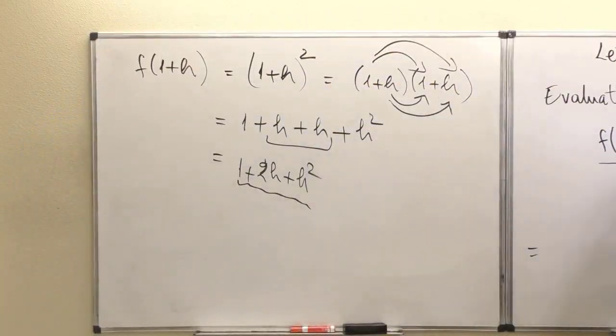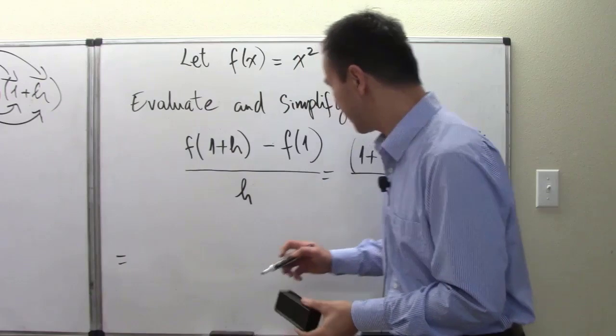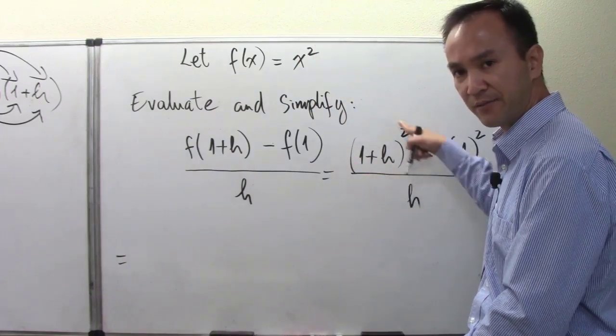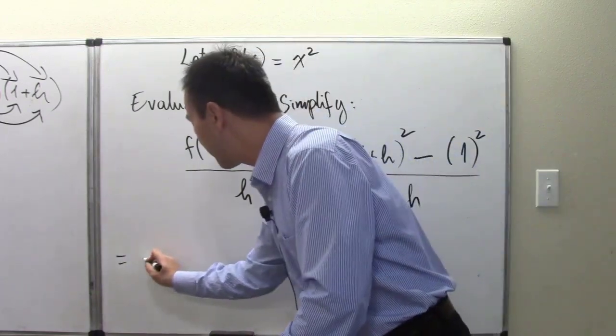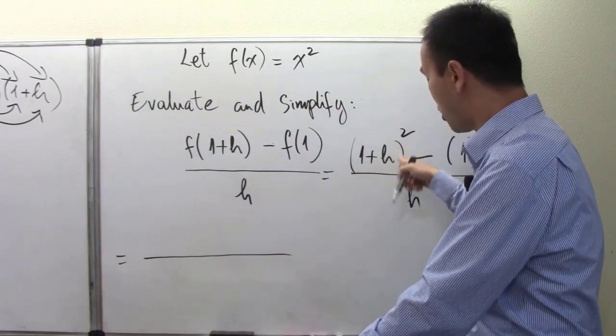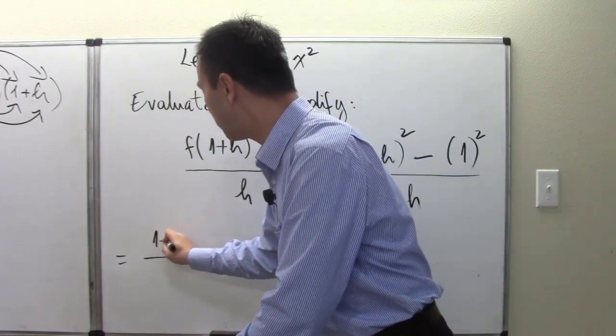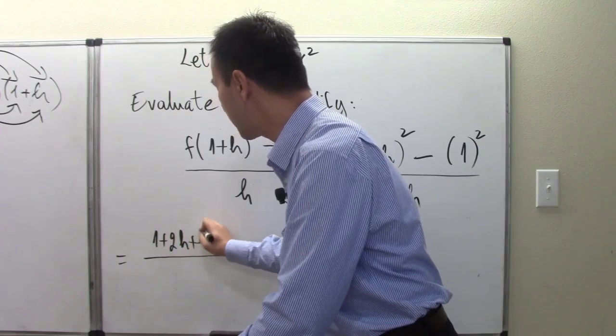So now that end result is going to be the next step for this particular square. In my next step, (1 + h)² produces for me 1 + 2h + h².